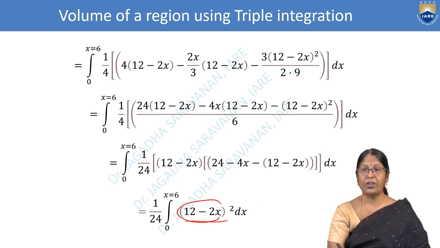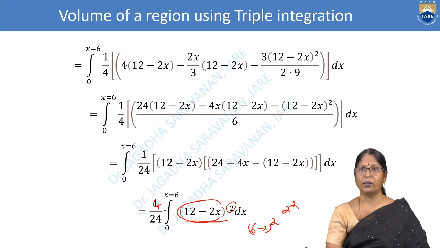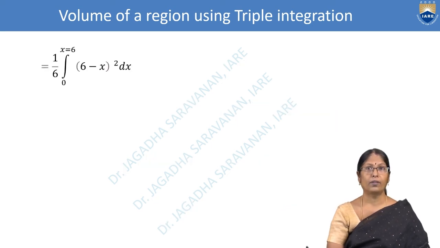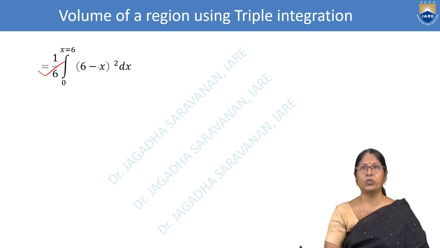When we take the common 2, we can notice the square is there. So 2 square, that means 4 we are taking out. After taking 2 from here, it becomes 6 minus x the whole square. Here it is becoming 4, and 4 by 24 is nothing but 1 by 6. So 1 by 6, 6 minus x the whole square dx.